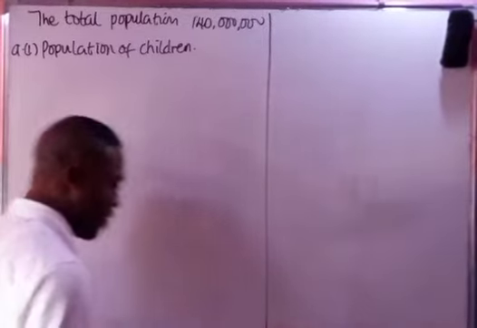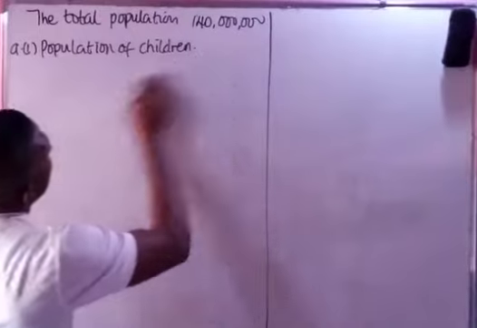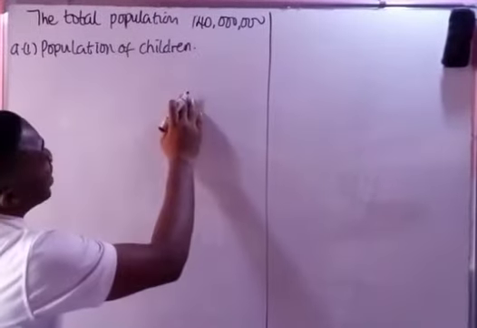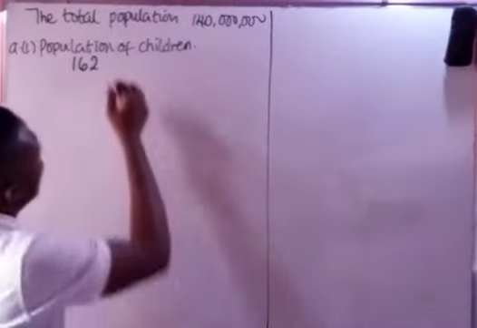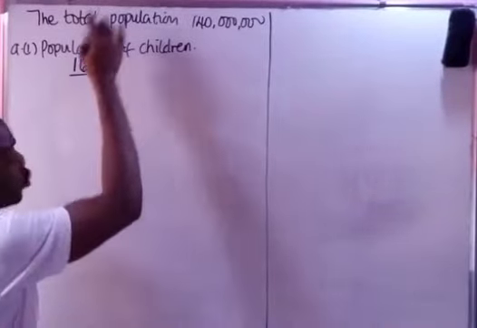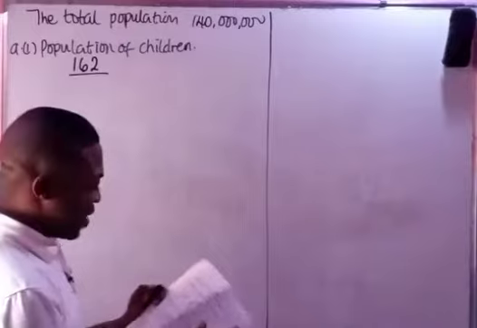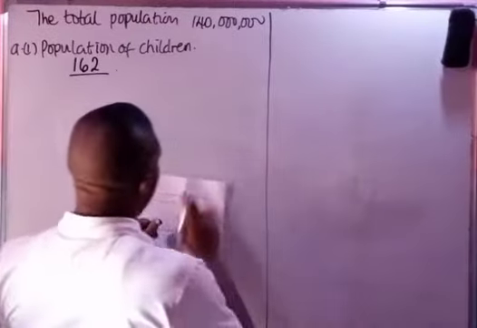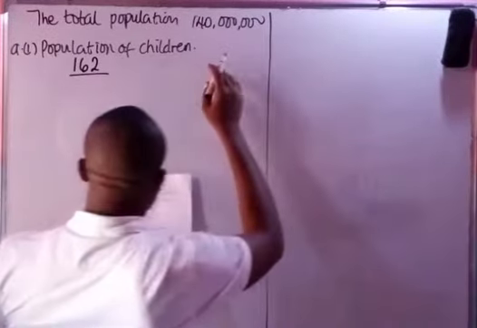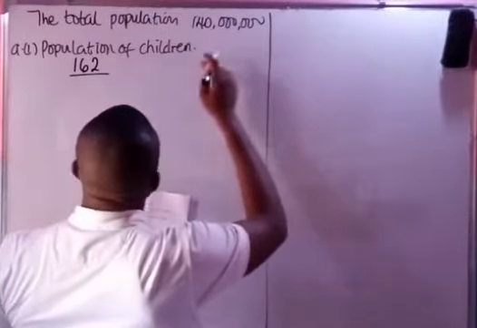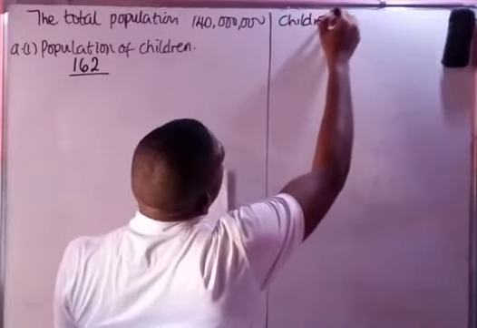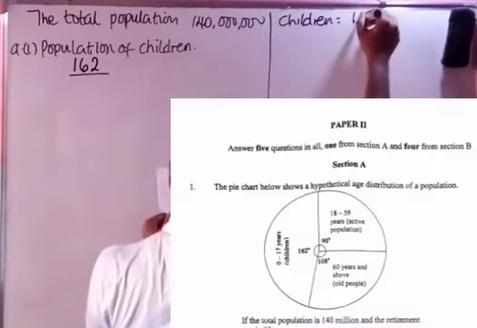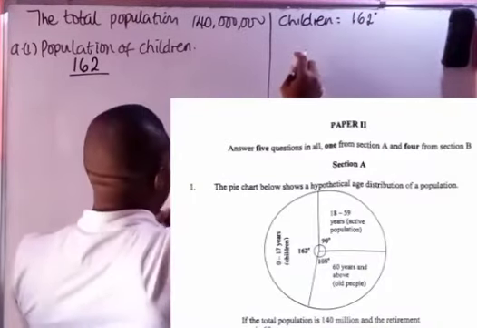So if the population of children is given as 162 degrees, divided by the total, first let's get the accumulation of the degrees of all the sections. For children it is 162 degrees.